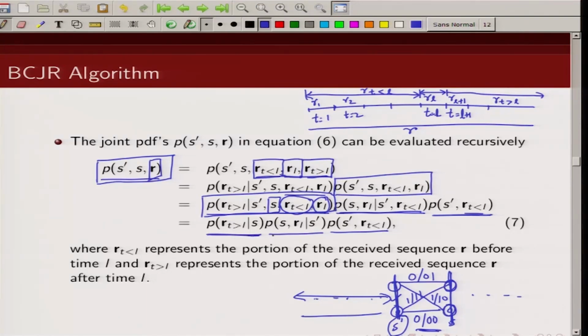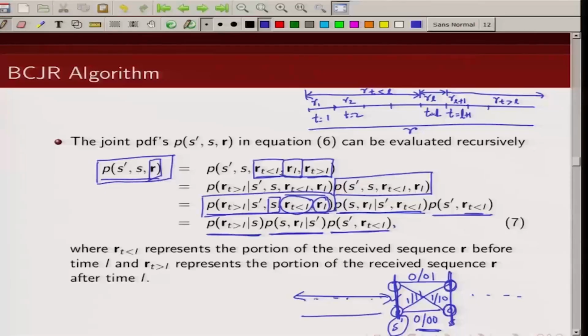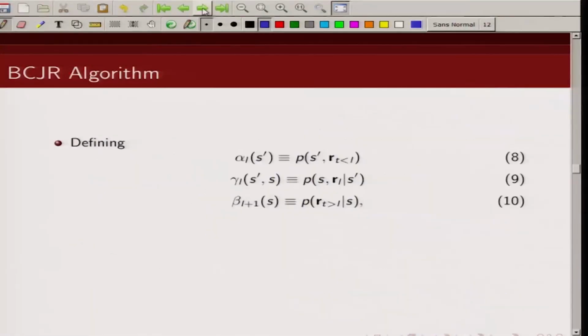One is this, second one is this, and third one is this. Okay. And we will now show how we can compute each of these terms. Let us call this probability alpha, this probability gamma, and this probability beta.